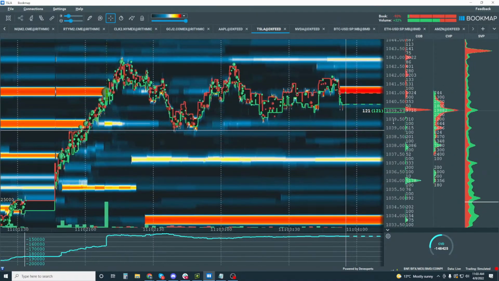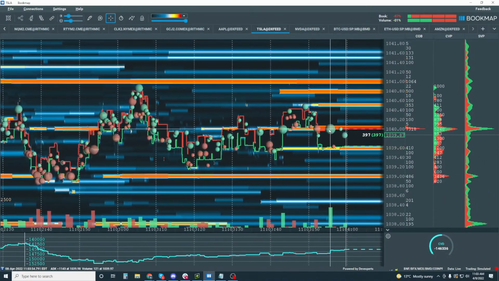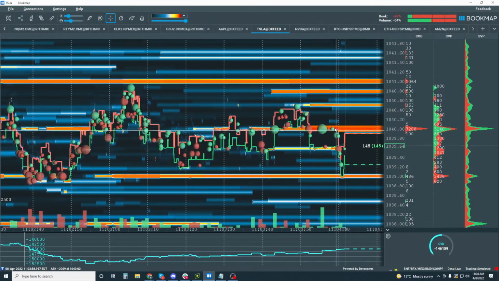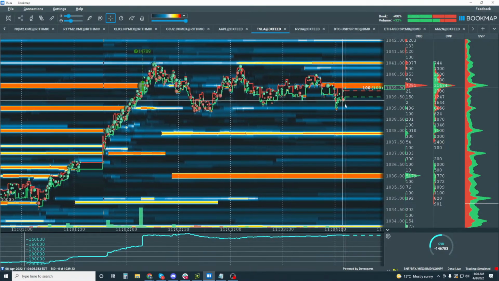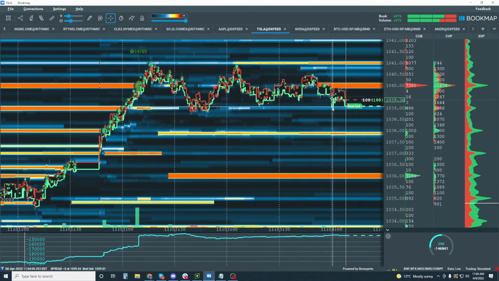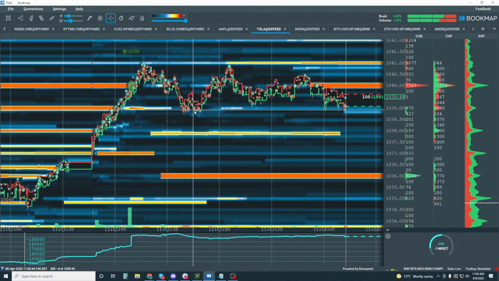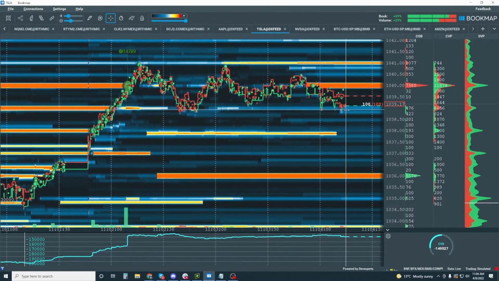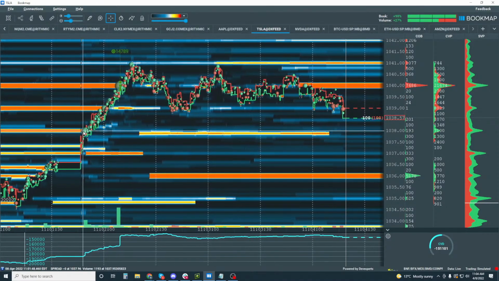Here come some sellers. What was the reaction? Buyers took them on. Did they get through it? No, not yet. Did we get sellers down here? Not yet. If we do, it auctioned down here and there were sellers, we can pull down to where these buyers came in.